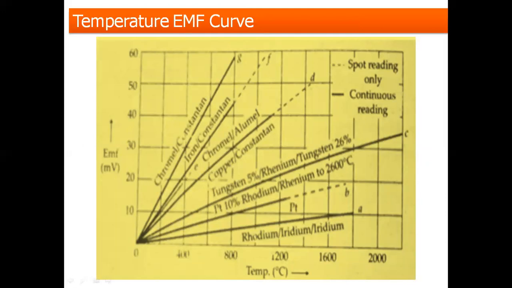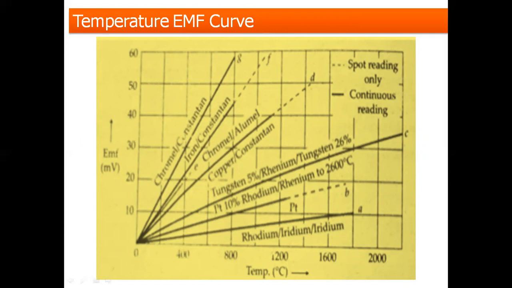These are certain EMF curves. This is basically for different combinations of metallic strips or metallic wires, showing how the EMF changes with respect to temperature. So this graph is just for knowledge. It is useful while selecting the metallic strips, depending upon what range of temperature you want to work upon.